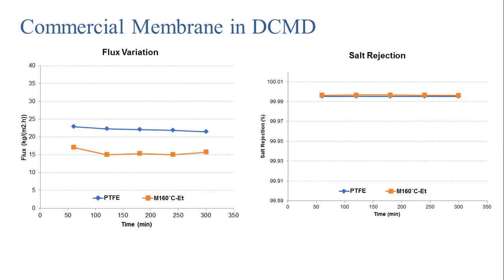It's also a very strong polymer, extremely hydrophobic, and it showed very promising results as well. So this is a comparison between those two membranes. We were able to have a similar salt rejection to a membrane that is commercially available.